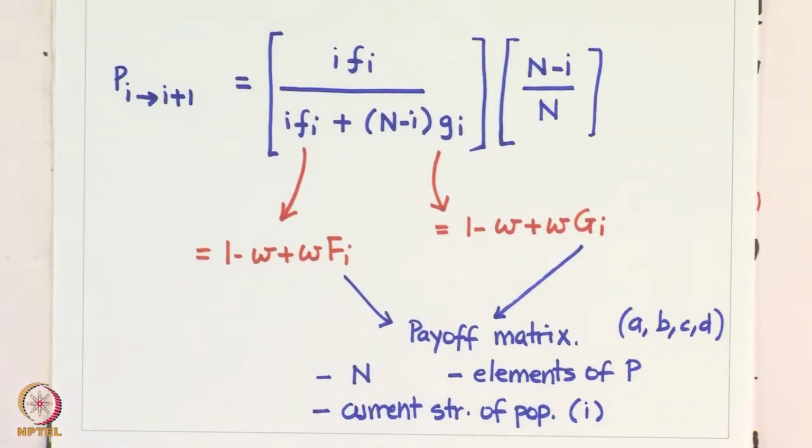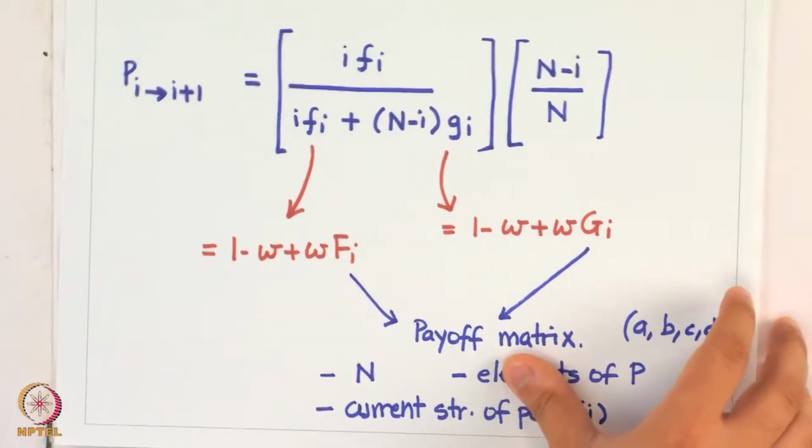So, without going into that derivation, we are just going to use a result in a very specific setting, where we say that the selection effects associated with the payoff matrix are weak. What that means is that omega is very close to 0. It is not 0, but a small number very close to 0.